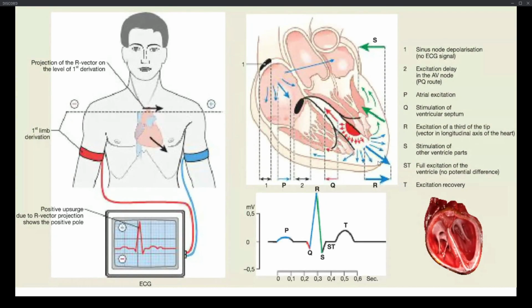Once you reach the apex, the only way to go is back towards the rest of the ventricle, towards the atrium. And this would cause the S spike downwards because, again, you work against the vector you created. Then you have the ST time, which is basically the time when the entire ventricles are depolarized, and there is no change at all.